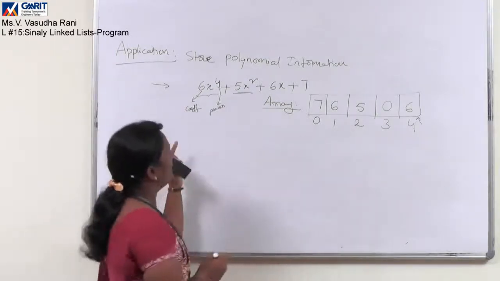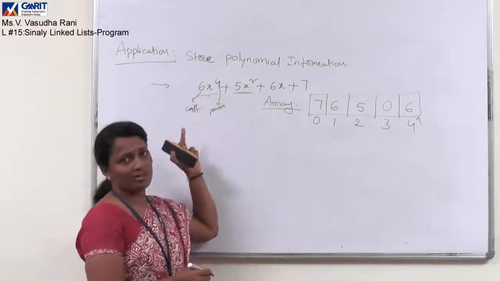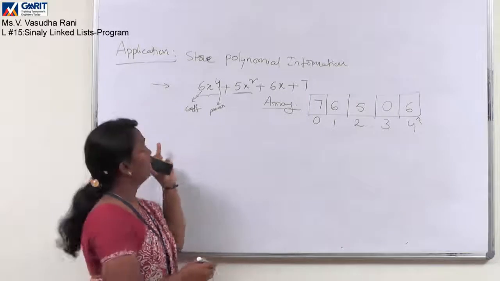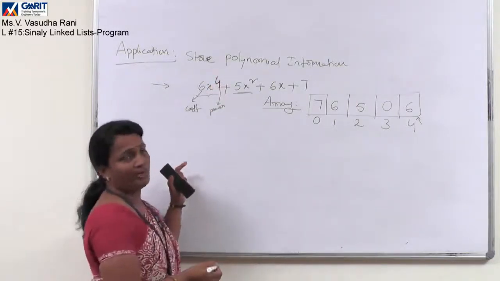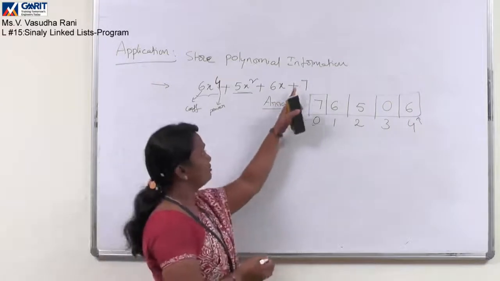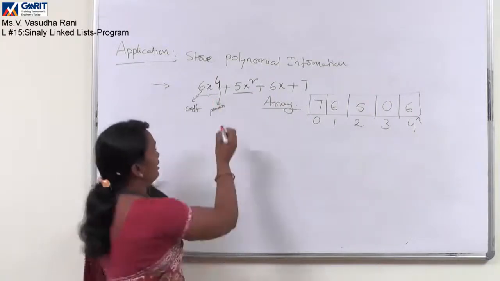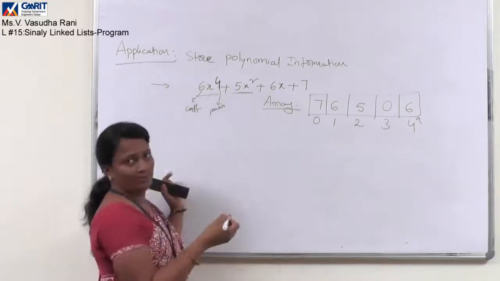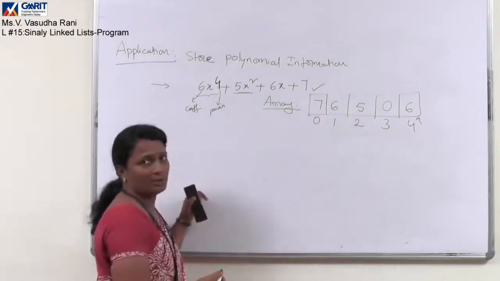So here one point we can observe: in the sequence, we have to consider the x power 0 term up to the highest x power term. However many different powers are in between, that much array size you have to consider.